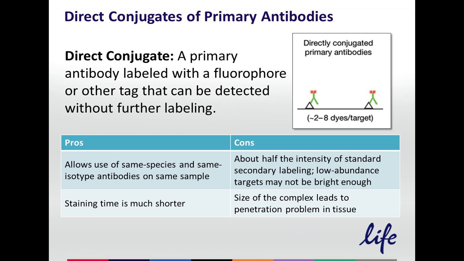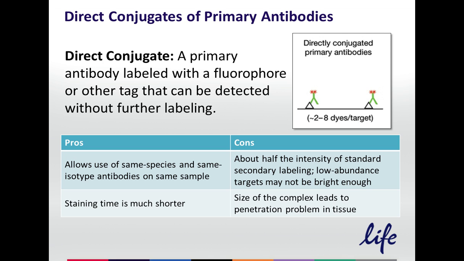This allows some certain benefits. First off, it takes much less time to do the labeling because now you've done the fixation and permeabilization. You do your label step with your conjugated primary, and then you can mount and view. So it's much quicker. The label time can only be maybe an hour or so, including with washes.